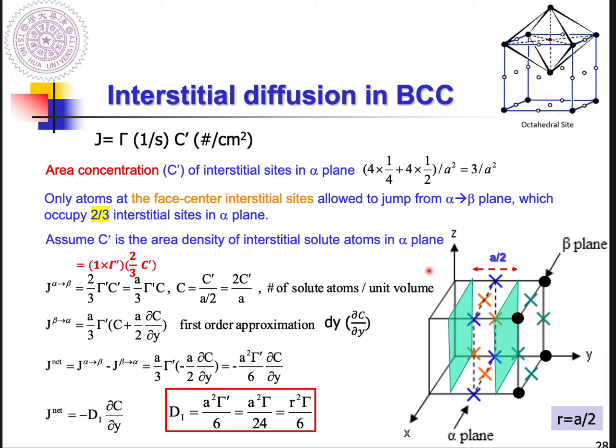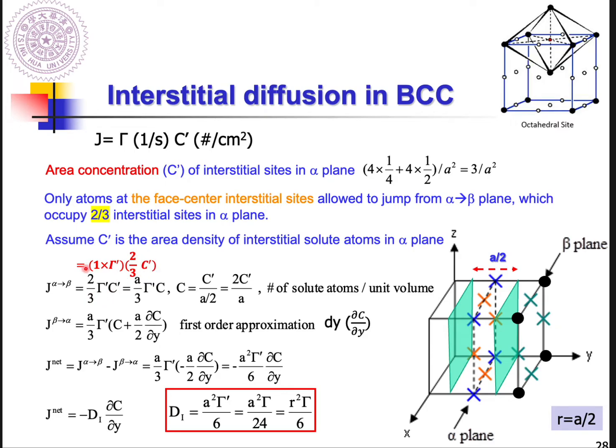As we mentioned, there is just one direction that allows the atoms located at the face center to jump to the beta plane, right? Okay, so we got one direction times gamma prime, and this is 2/3 C-prime.